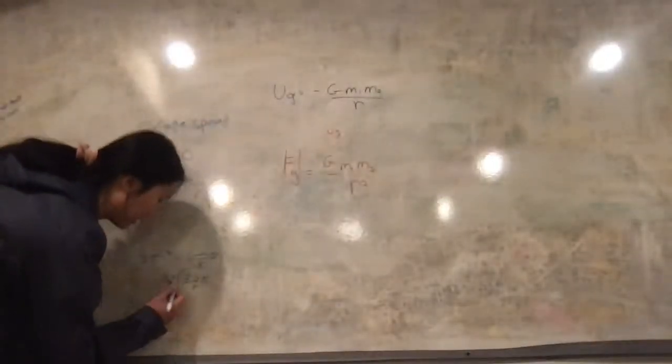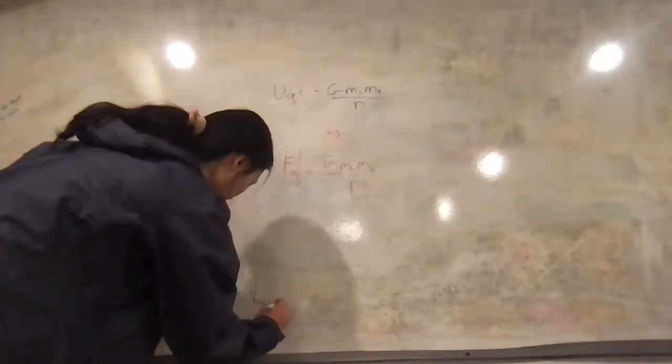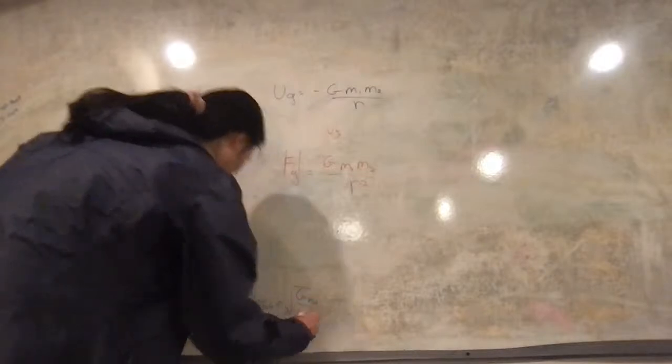You cannot just memorize it. And v escape versus v orbit: the only difference here is a 2 in escape. But again, it could be different because we need to derive these.